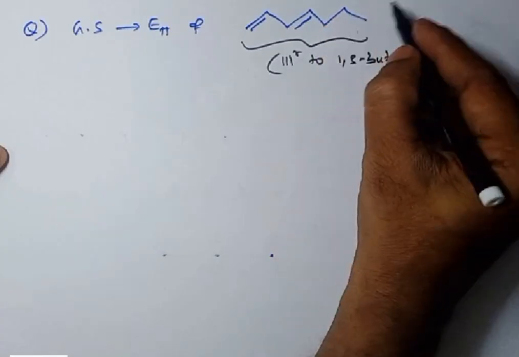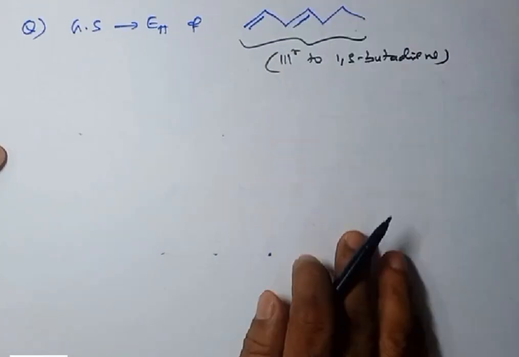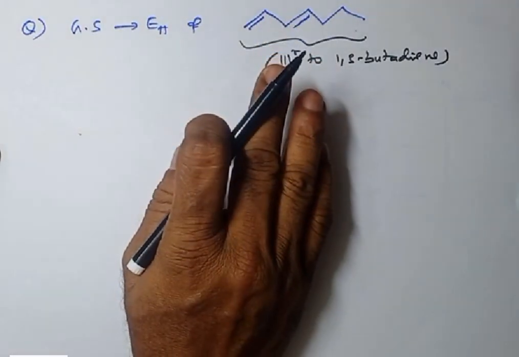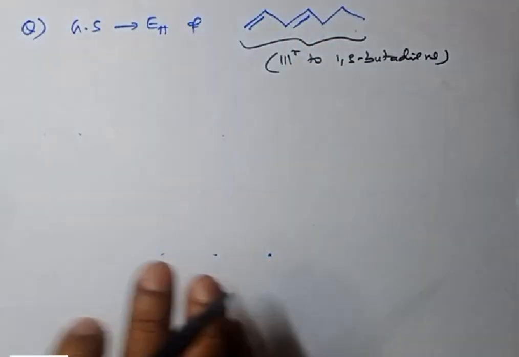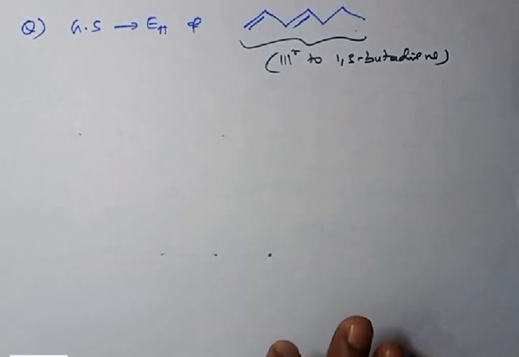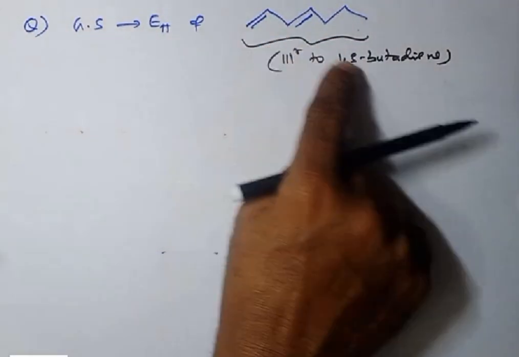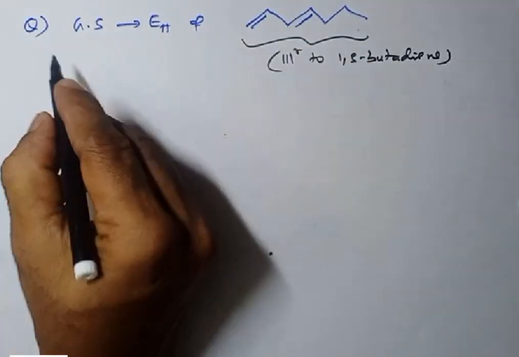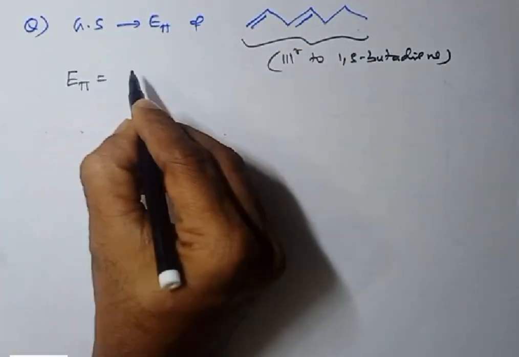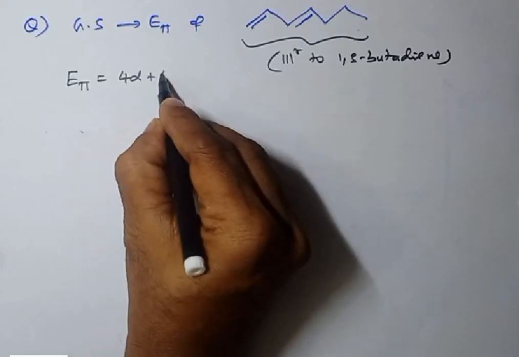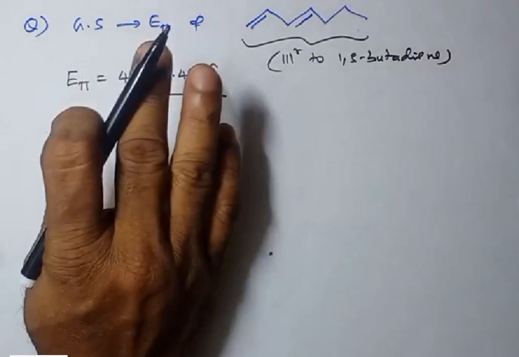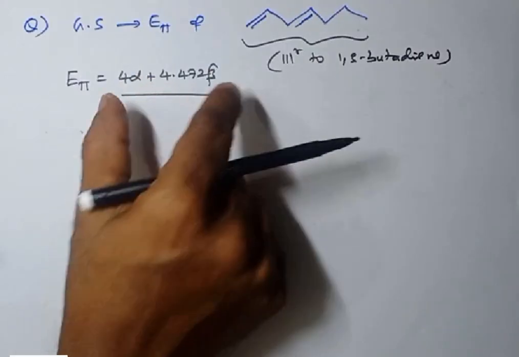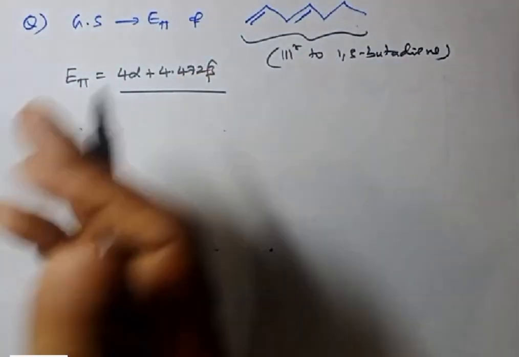You need not worry about the sigma bonds. Huckel theory does not consider sigma bonds. It considers only pi bonds and pi electrons. Since it is similar to 1,3-butadiene, the pi electronic energy is equal to 4 alpha plus 4.472 beta. Listen, everyone try to remember this value for 1,3-butadiene, which is very, very important.